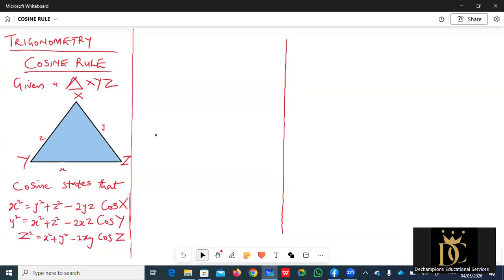Don't forget we said you can also use this to find angles. It can also be used to find angles of a triangle. Supposing you want to find angle x from this equation, cos x will be equal to y square plus z square minus x square all over 2yz.